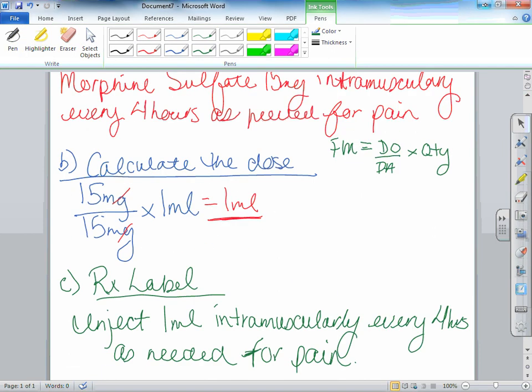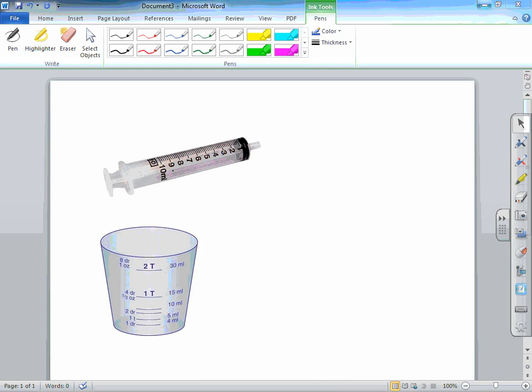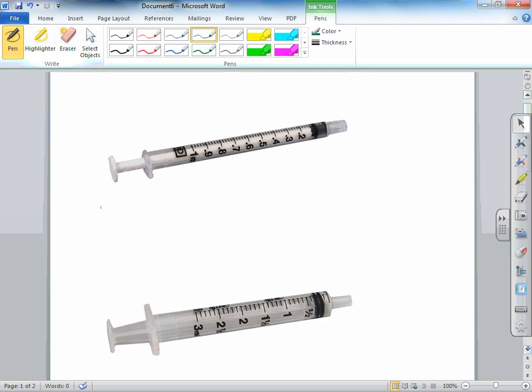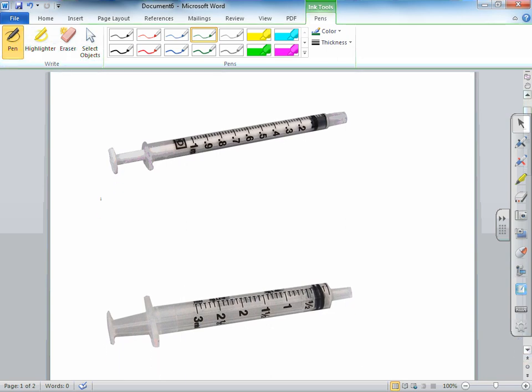So with that being said, we are going to go to our 2 milliliter, not a 2 milliliter syringe, that doesn't exist. We are going to show the volume of that medication. All right, as far as the dose, we're going to show the volume of 2 milliliters. But what size syringe are we going to use? Are we going to use a 1 milliliter, a 3 milliliter, a 5 milliliter, or a 10 milliliter?